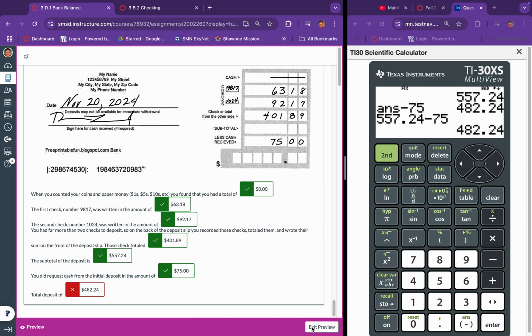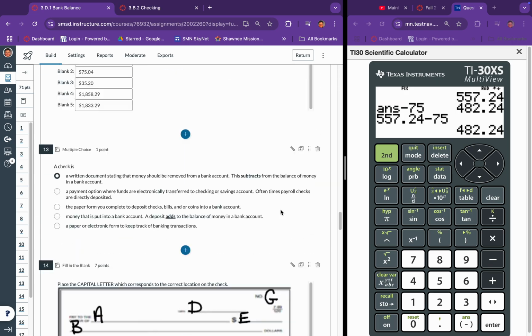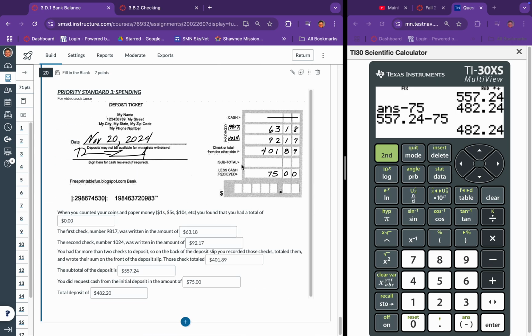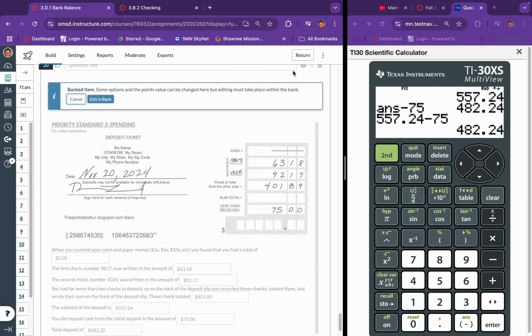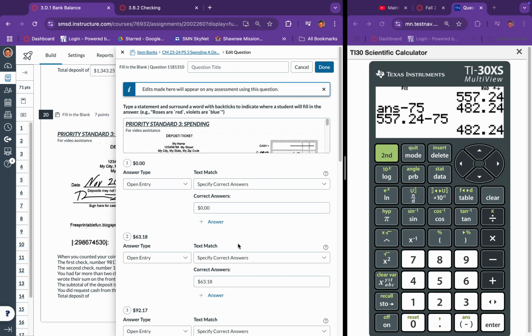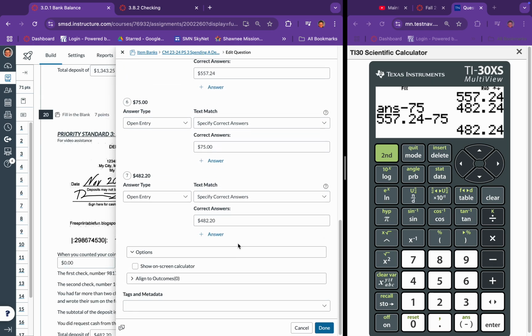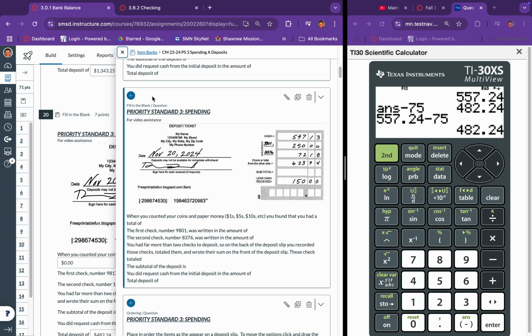I had no idea. If there was something wrong with that one, let's go in and fix that key right now before I forget. 482.24. What did I have? 482.20. 24. Oh, and the video's still going. Forgot to turn that off. Well, I'll do that as well.